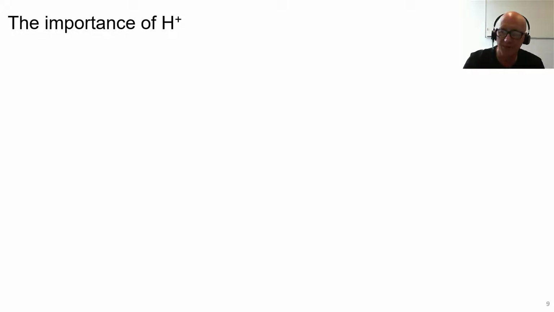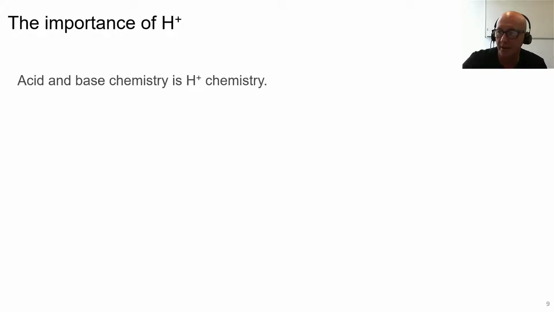So acid and base chemistry is really all about H+, which is why I've got that title there. Or you can say it that way, acid and base chemistry is H plus chemistry. Now, because of the importance of H plus, we've got to think a little bit about what H plus actually is.